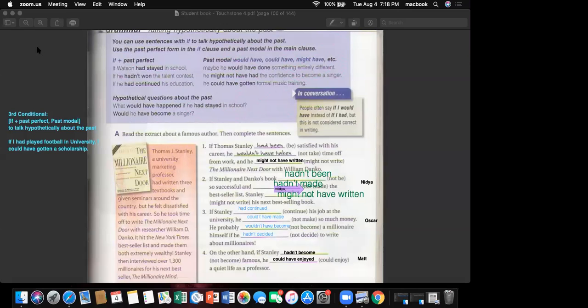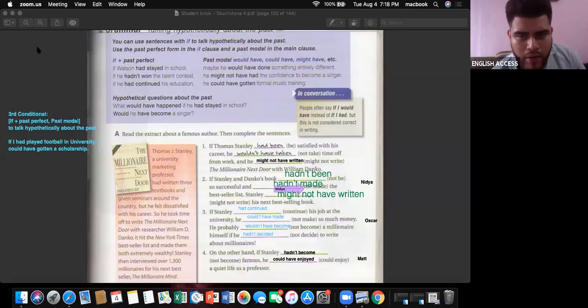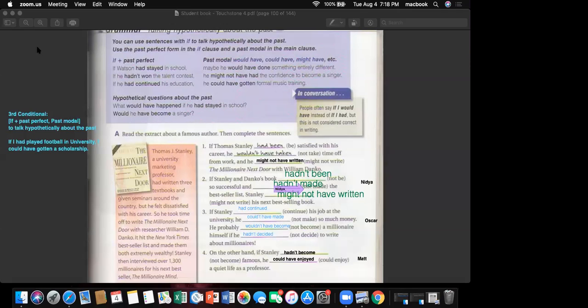If Stanley had continued his job at the university, he could have made so much money. He probably would have become a millionaire himself if he hadn't decided to write about millionaires.